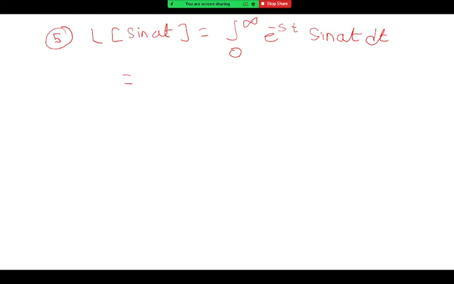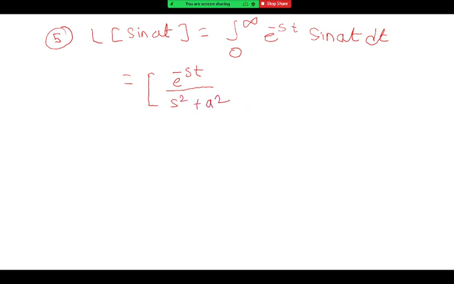One of the ways is obviously integration by parts, but by parts will be lengthy. Instead, we have that standard formula, integration of e raised to ax into sin bx dx, that I just showed you. If you use that formula, integration of e raised to ax into sin bx dx is e raised to ax upon a square plus b square, times a sin bx minus b cos bx.